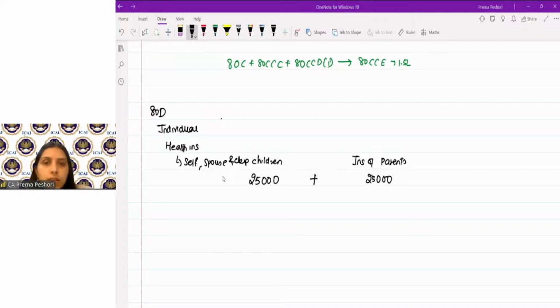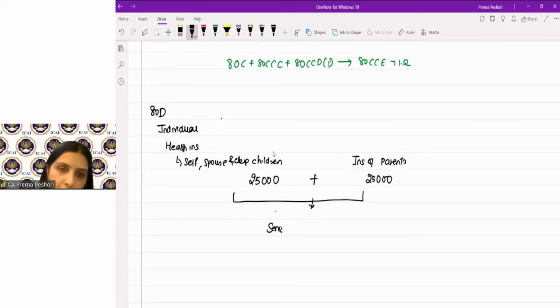An increased deduction of 50,000 will be allowed in case it is either you, your spouse, or your children, or your parents. Children will not be, of course, when you are yourself a senior citizen. Then, in case of the senior citizen, 50,000 rupees is allowed. Now, who is a senior citizen?